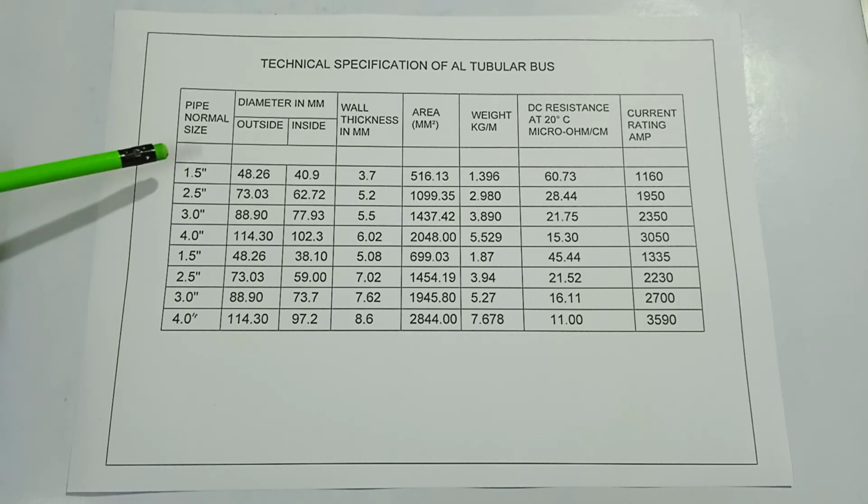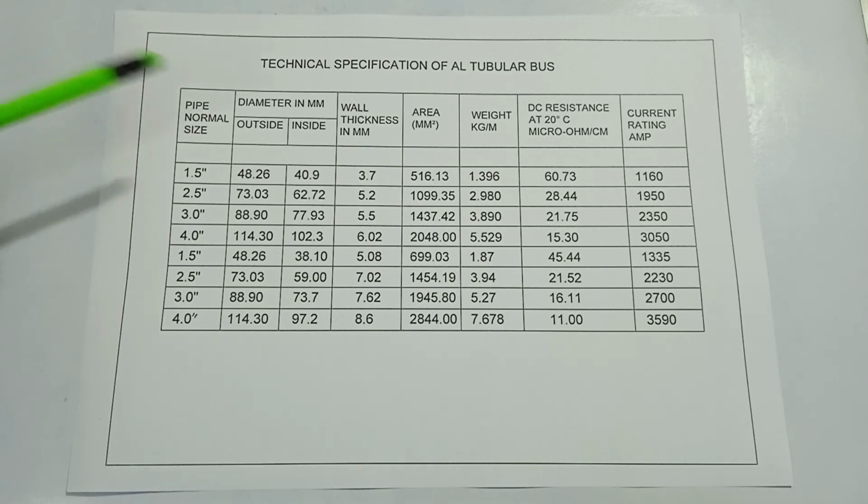The wall thickness of these four and these four is different. Wall thickness is 3.7, 5.2, 5.5 and 6.02 mm, and again wall thickness 5.08, 7.02, 7.62 and 8.6 mm. Area is also different for these four and these four. The first is 516.13 square mm.